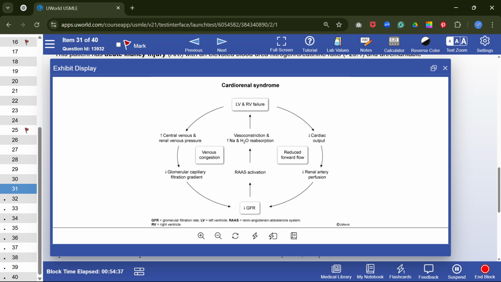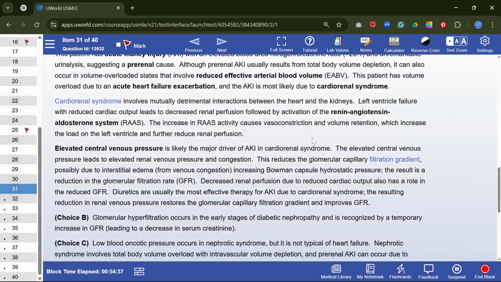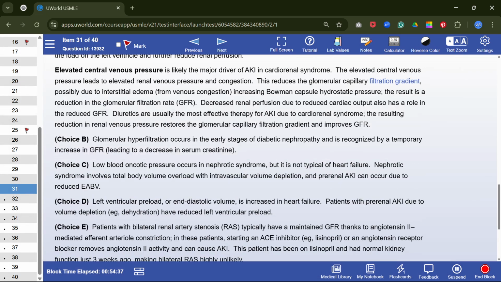Glomerular hyperfiltration is the early stage of diabetic nephropathy and is recognized by a temporary increase in GFR. Low blood oncotic pressure occurs in nephrotic syndrome, but it is not typical of heart failure.